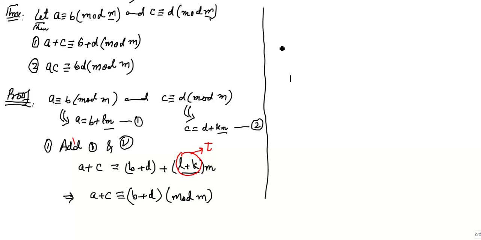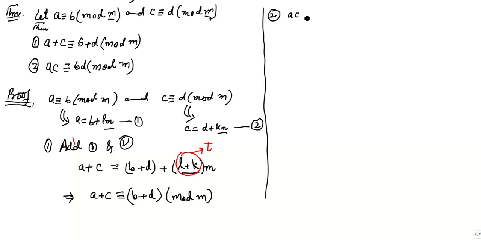let me prove the second one. For that we take ac, because we need ac congruent to bd modulo m.